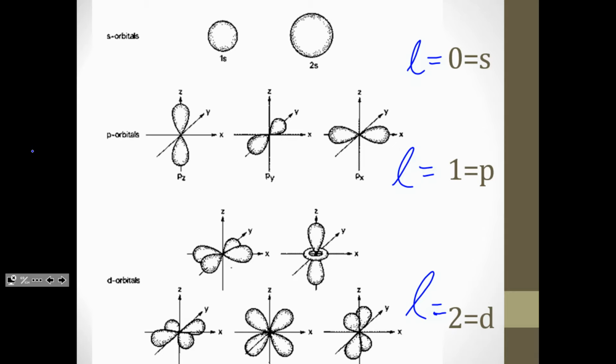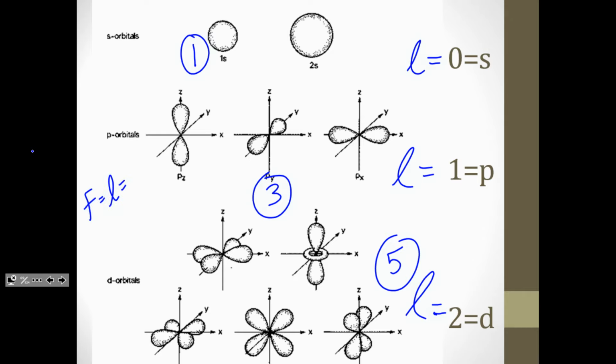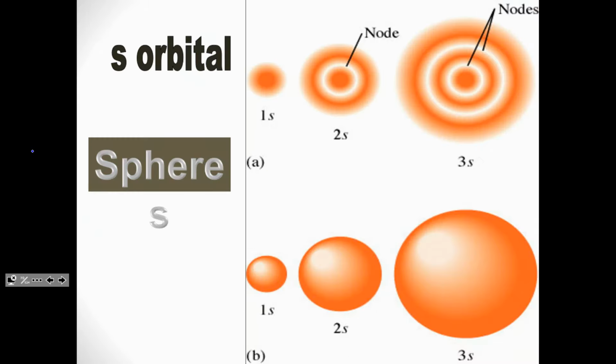But if we look at how many orientations there are, there's only one orientation for the s orbital. There are 3 orientations for the p orbital, 5 for the d orbital, and if we were to look at f, which is l equals 3, that would have 7 orientations. So let's look at those.